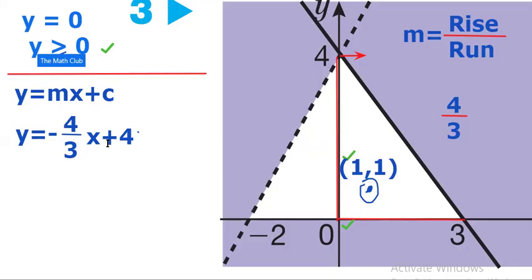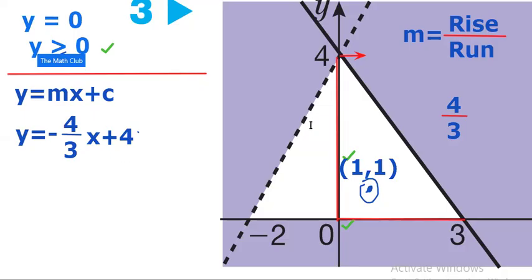For this line, when you multiply, this is going to be negative 4 over 3, which is 1.3. Then plus 4. This means the 4 is going to be bigger. This side is going to be bigger. So the y is smaller than this side.